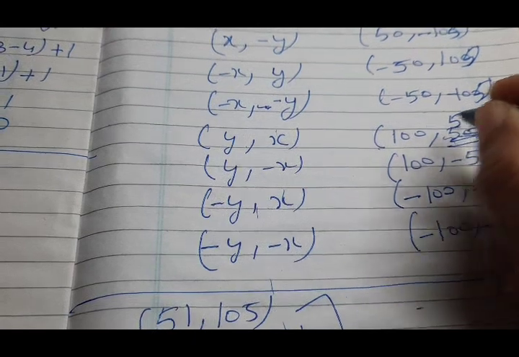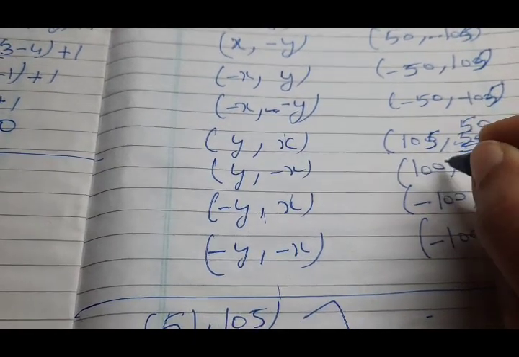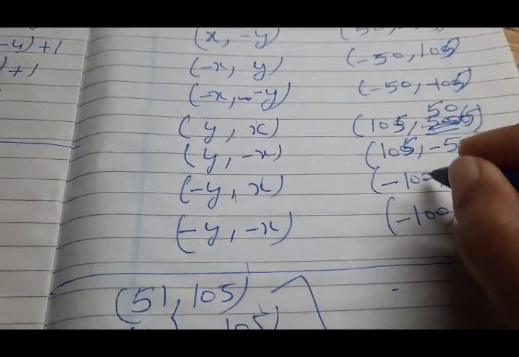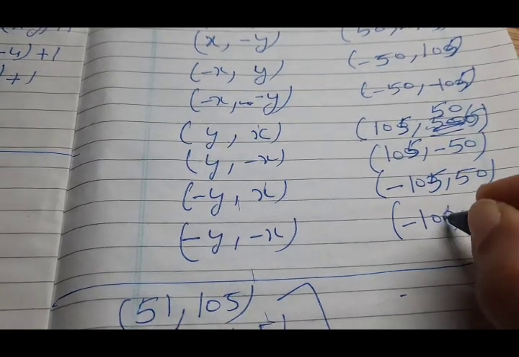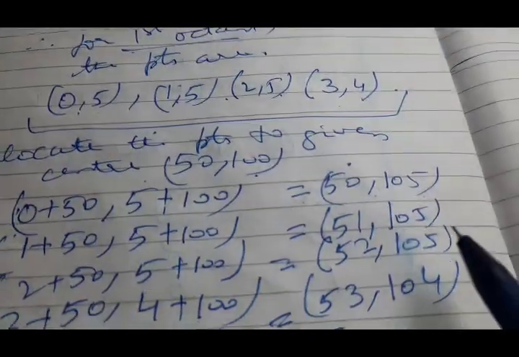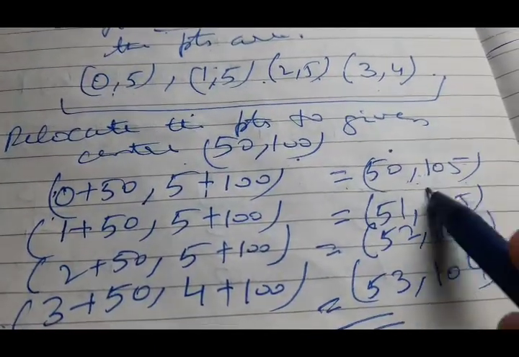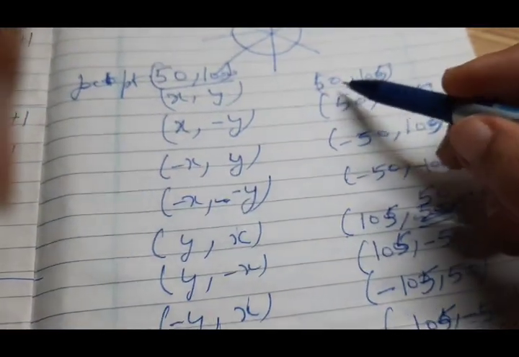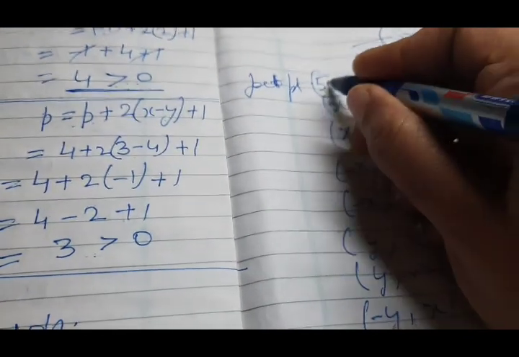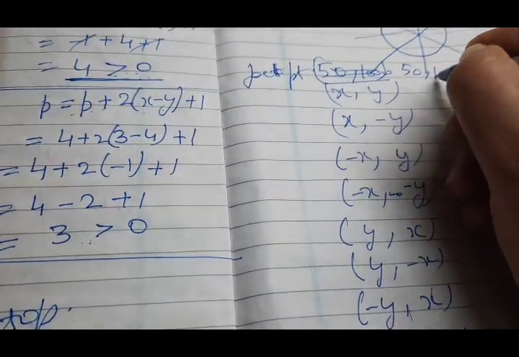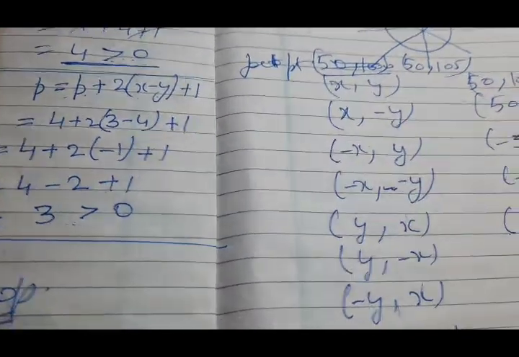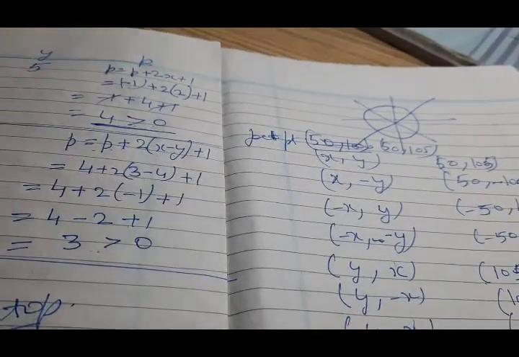This is 50 and this is 105. It was the point 50, 105, and I wrongly noted it down as 50, 100. It is 50, 105. So that is all from my side.